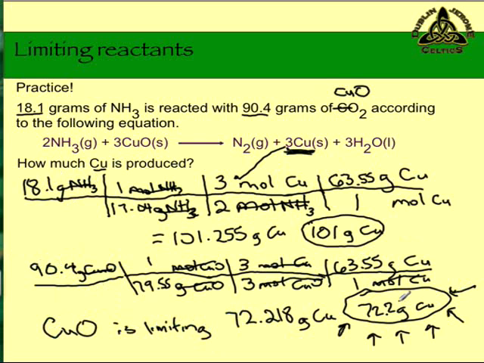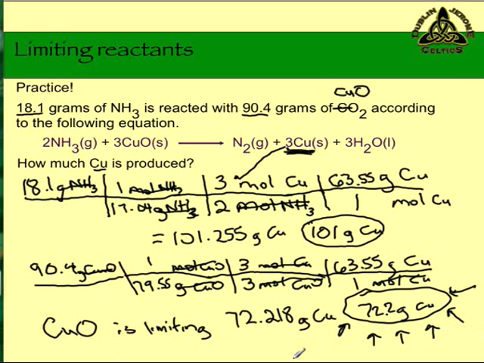In this case, we're trying to find grams of copper formed. We found that 90.4 grams of copper oxide produces only 72.2 grams of copper, whereas 18.1 grams of ammonia produces 101 grams of copper. So the copper oxide reactant is limiting when we have these amounts.